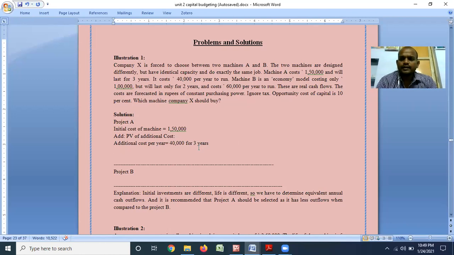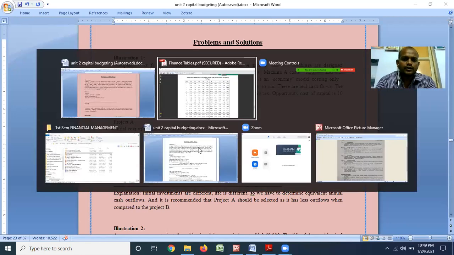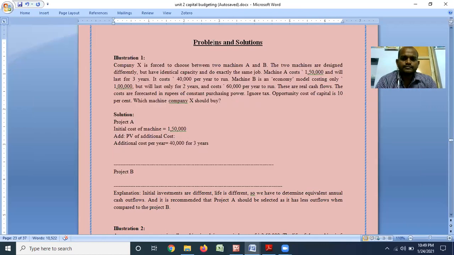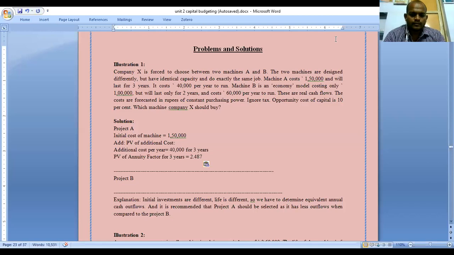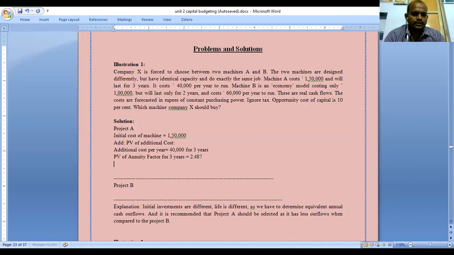We have to multiply this 40,000 with the 2.487, and the present value of additional cost will be 40,000 into 2.487. It comes around 99,480.